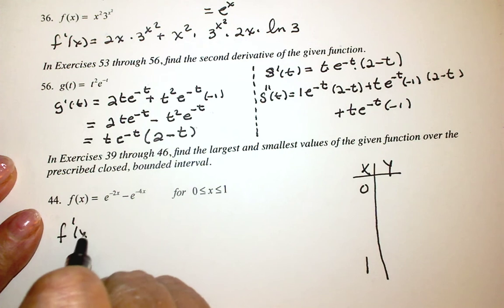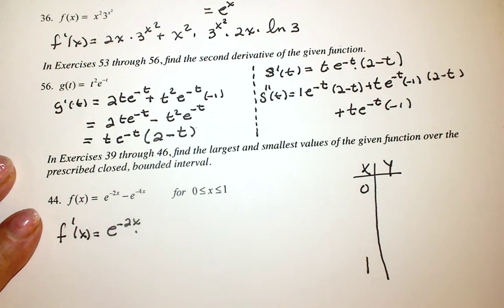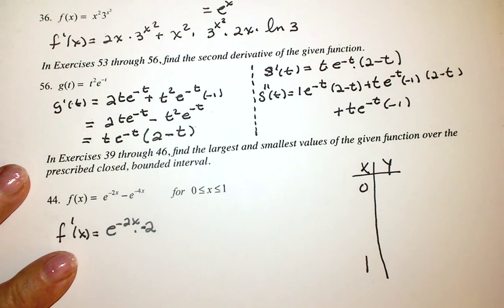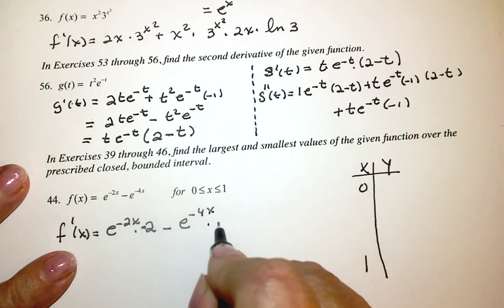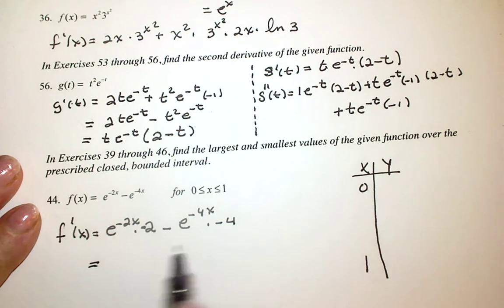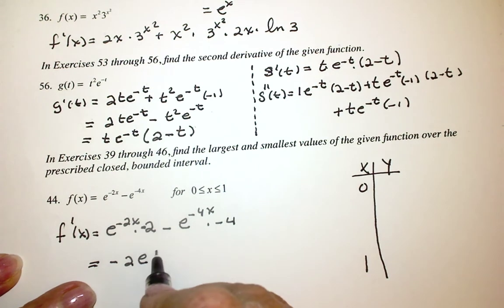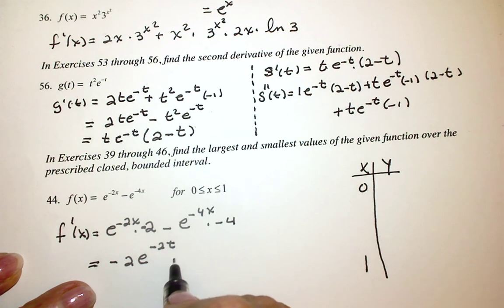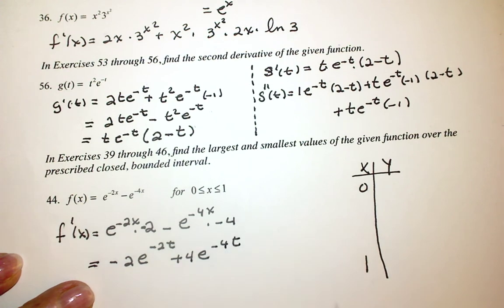F prime of x equals e to the blob times the derivative of the blob minus e to the blob times the derivative of the blob. So it's minus 2 e to the negative 2t plus 4 e to the negative 4t.